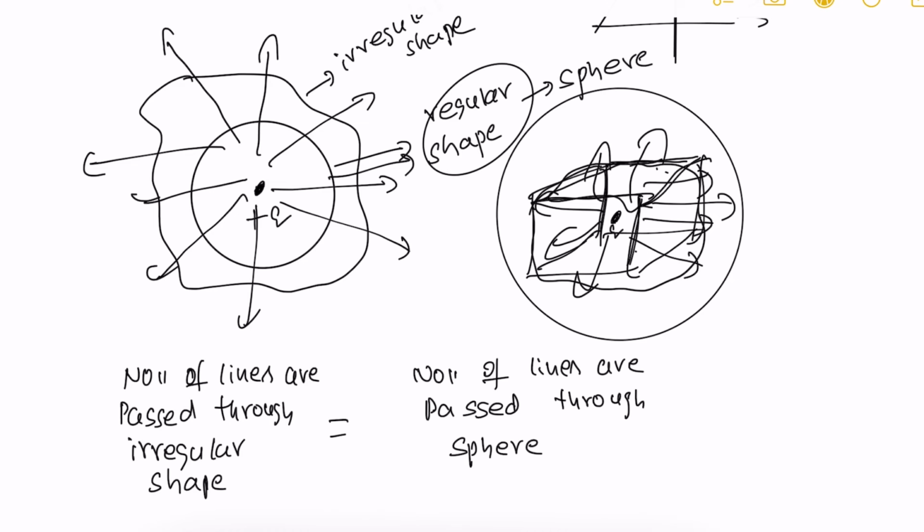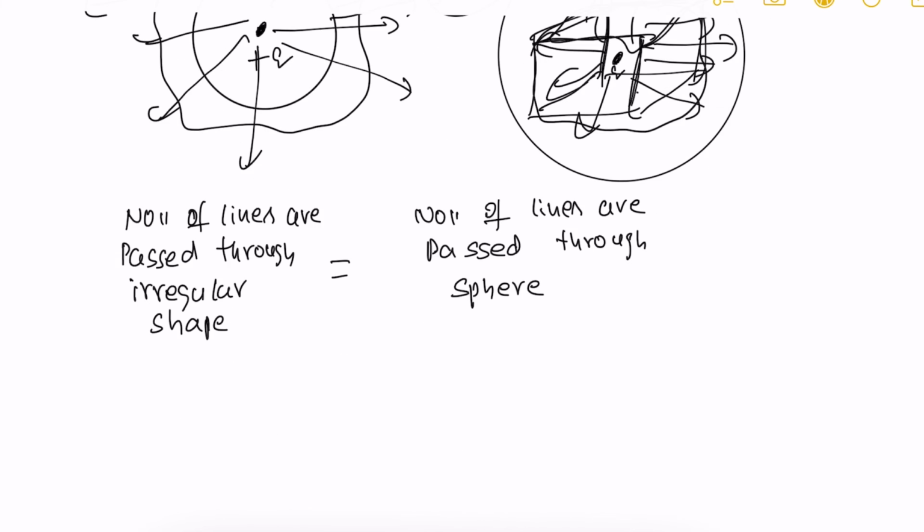So the number of lines passed through the irregular shape is equivalent to the number of lines passed through the sphere. Okay, so same flux, the number of lines is nothing but flux. So flux through any irregular shape is equivalent to the flux through the sphere.